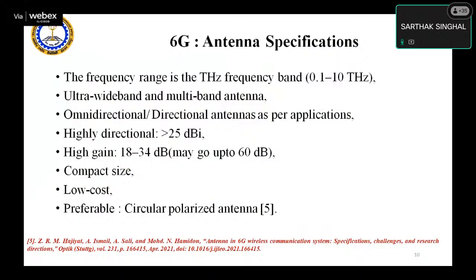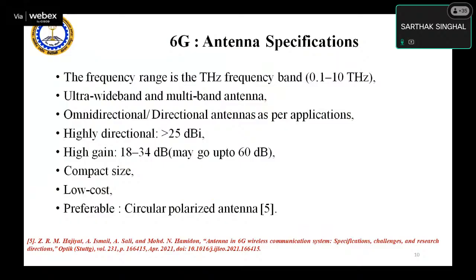So in case of gigahertz, we talk about an ultra wideband antenna as having an absolute bandwidth of 500 megahertz, or a particular band of 3.1 to 10.6 gigahertz. But in case of this 6G application, we talk about how we call an antenna ultra wideband.